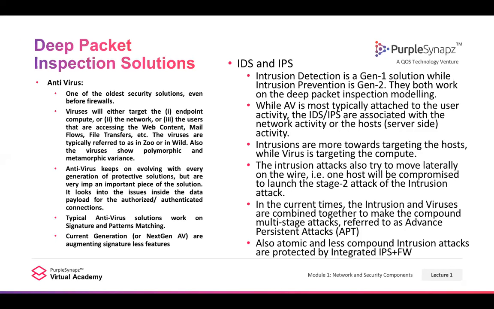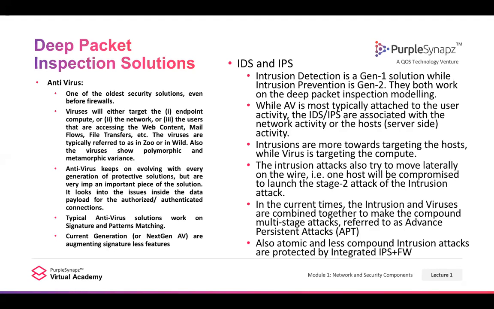So it will morph into different stages. Some viruses may show both polymorphic and metamorphic characteristics, some may show one of these two, which makes detection and prevention much more complex and difficult.